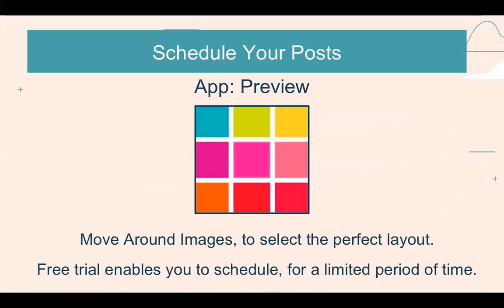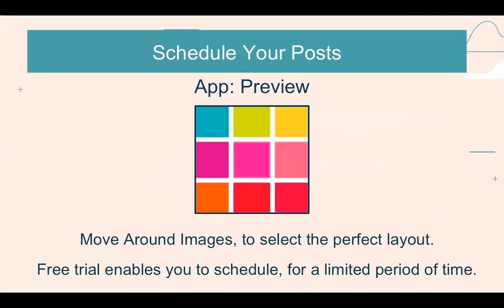Now, this is an introduction to an app. It's called Preview. What this app does is allow you to visualize your feed beforehand, before posting. You just have to download the app. It's very, very simple. Connect your Instagram account and upload the pictures that you want to post but aren't posting right now.